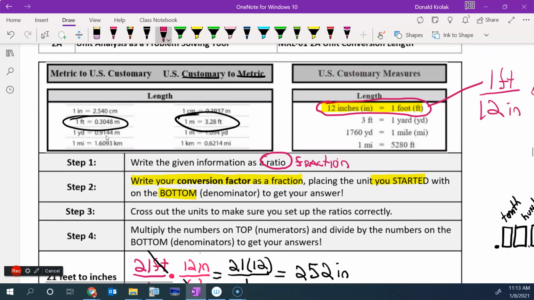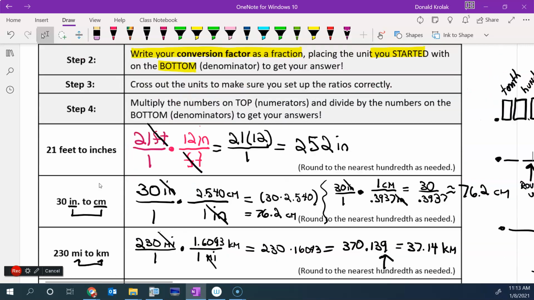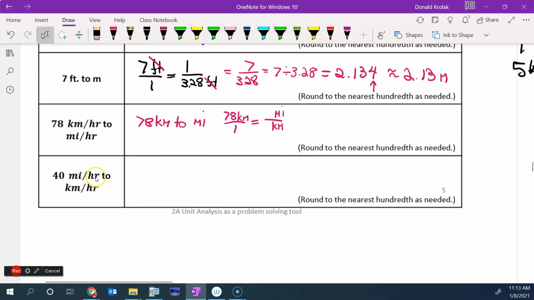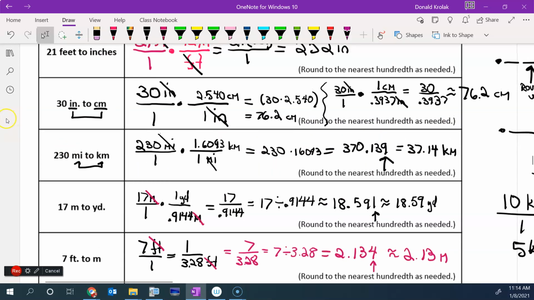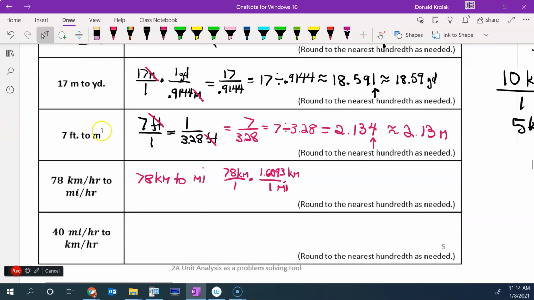So kilometers and miles, either one. 1.69.